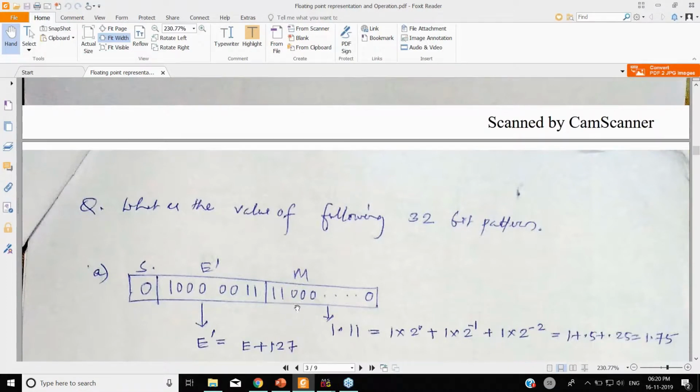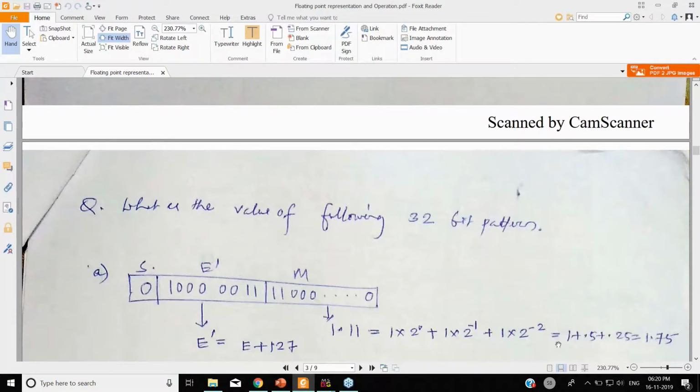And what is the mantissa? Mantissa is 1 point, so 1.11. The 1 is implicitly assumed. It is not stored in the floating point number, rather it is implicitly understood. There is a 1 before this binary point.